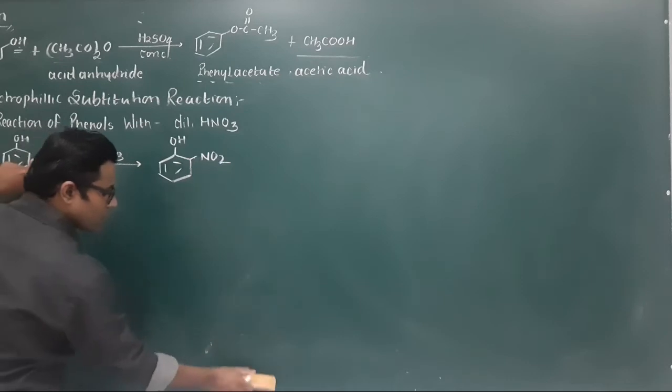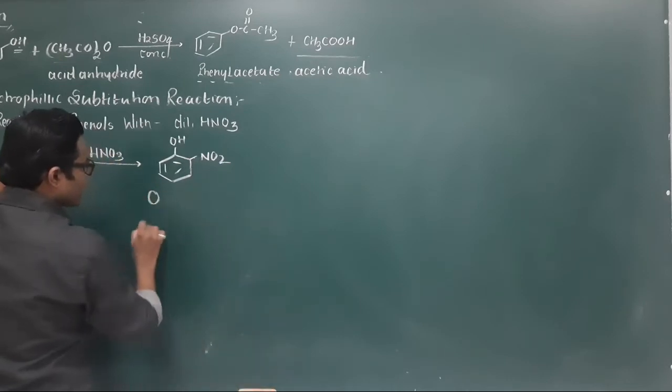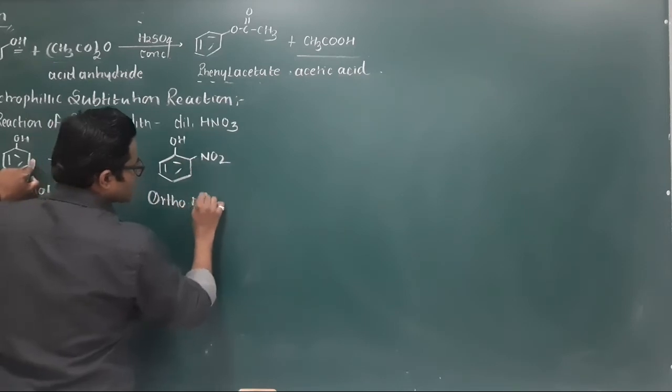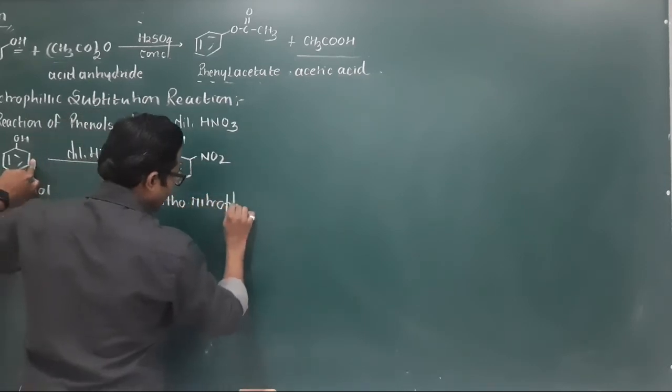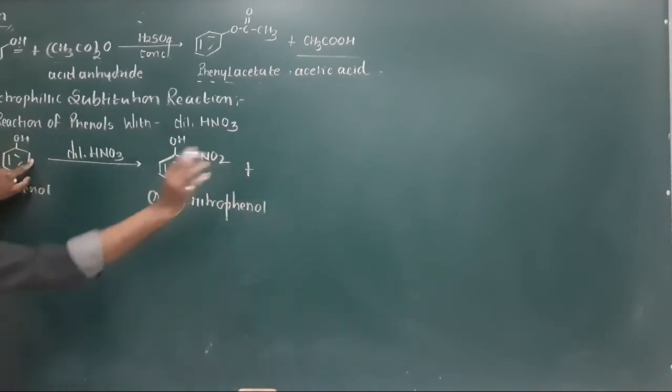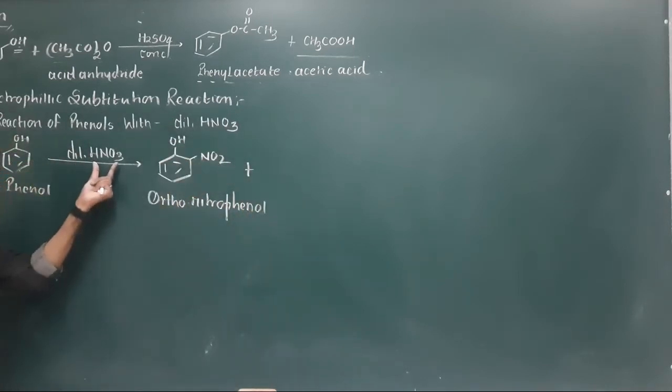So this is our first product, the ortho nitrophenol. Plus, in the second set of this reaction, the NO2 group which has been produced will attack at the para position.